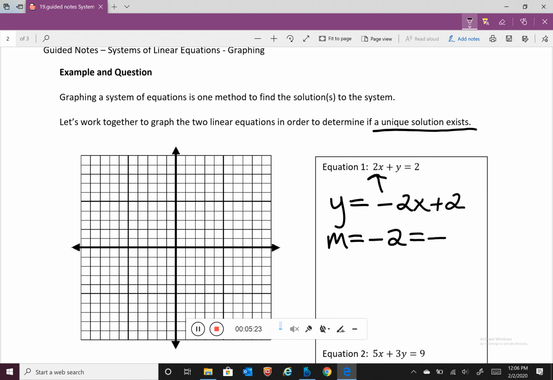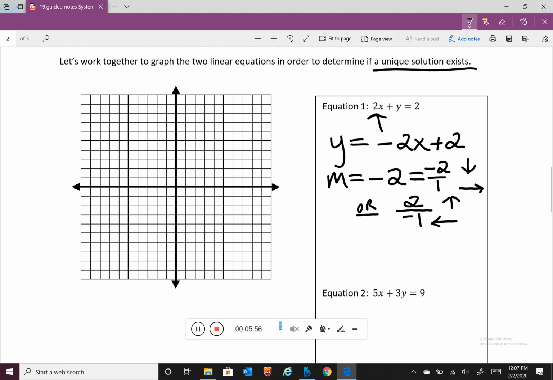We could write it as -2 divided by +1, or another way to write this and understand movement is we could write it as +2 over -1. This helps us understand we're going to go down 2 and then to the right 1. This says we're going to go up 2 and to the left 1.